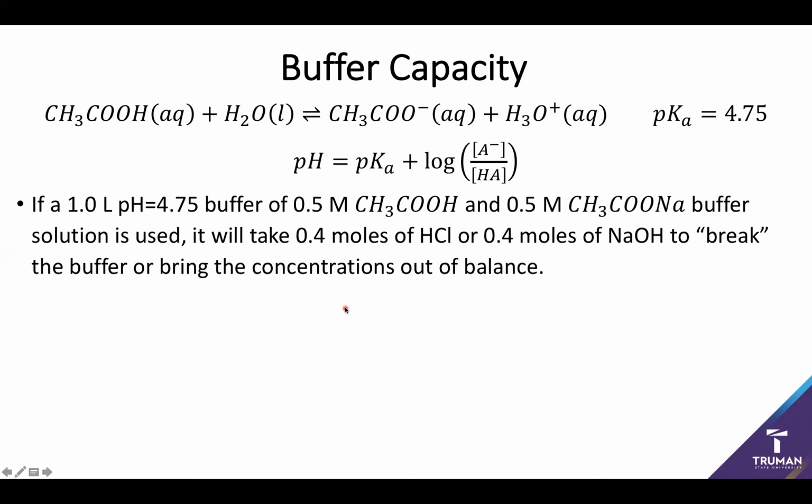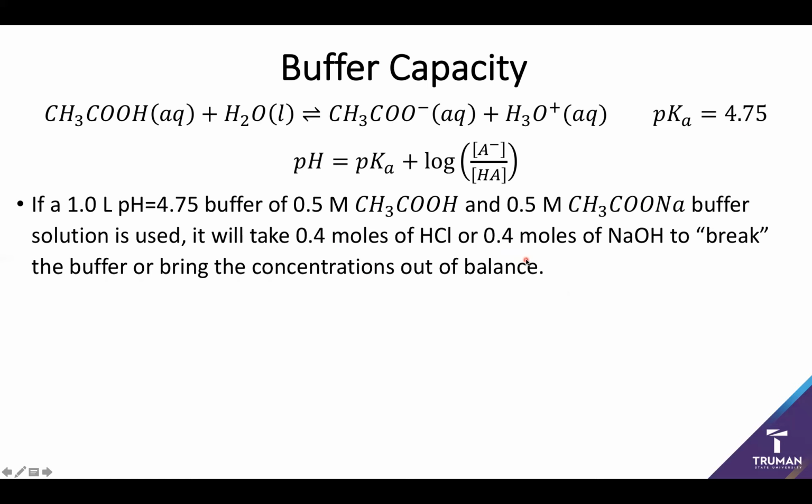In order to break this buffer, or bring it out of that buffer region, I'd have to add a little bit more than 0.4 moles of HCl to make it uber acidic and bring the pH down below 3.75, or a little bit more than 0.4 moles of NaOH to bring the pH up to about 5.75, after which, if I add much more of either HCl or NaOH, the pH will quickly change in either direction. And we'll talk more about that next time.